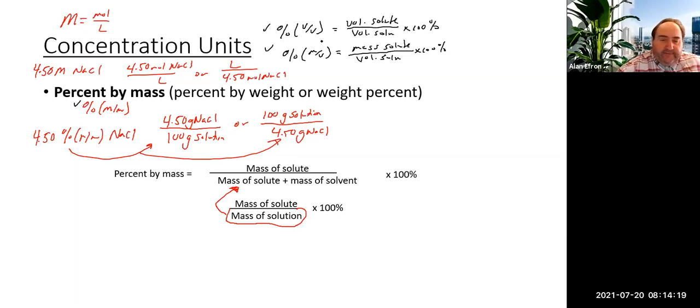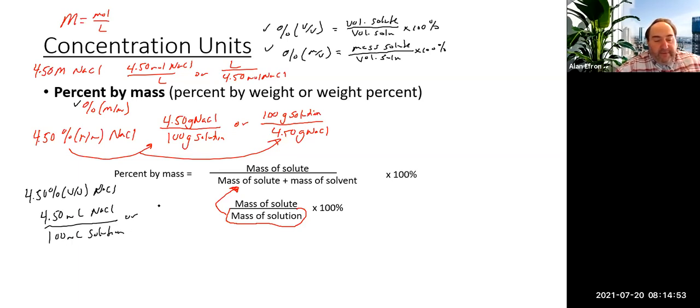In terms of units, these work basically the same way as the others. If you need to convert to a usable conversion factor, say you had 4.5% volume to volume, that means you would have 4.5 milliliters of sodium chloride in 100 milliliters of solution.